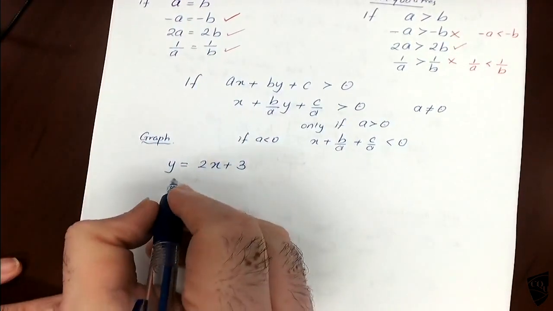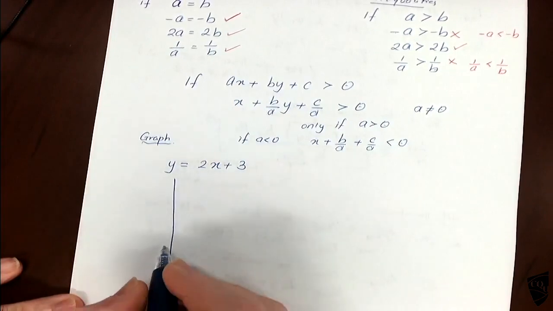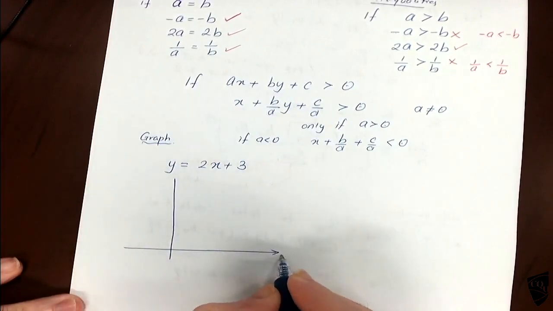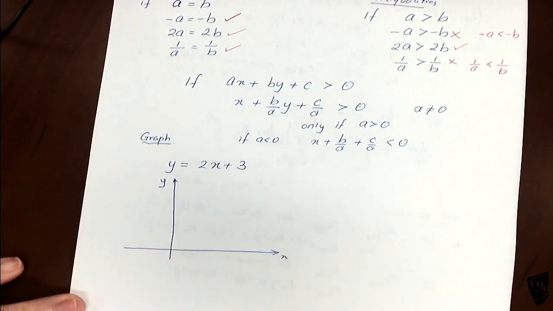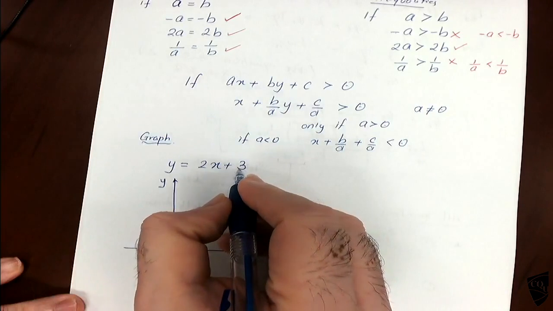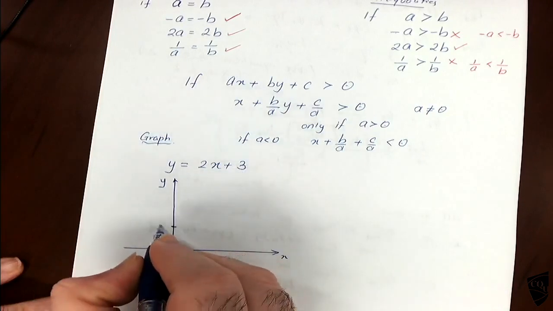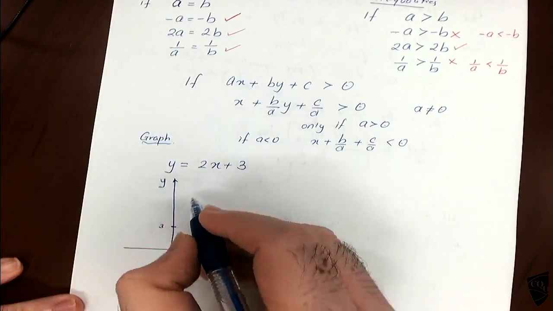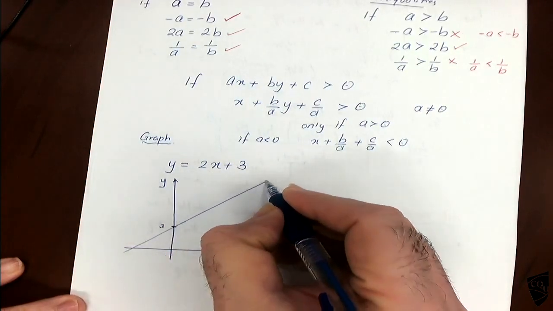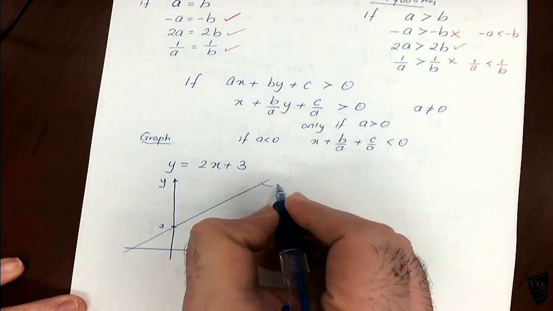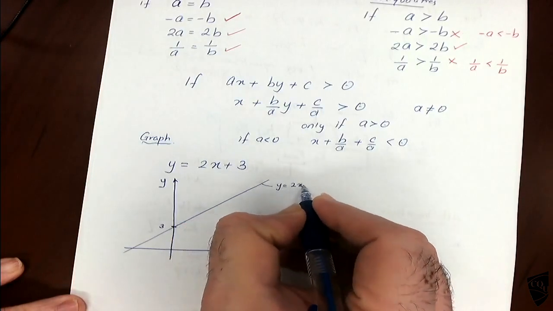How to draw the graph? This one is 3, so it's somewhere here. Positive, so it will go like that. So this is y is equal to 2x plus 3.